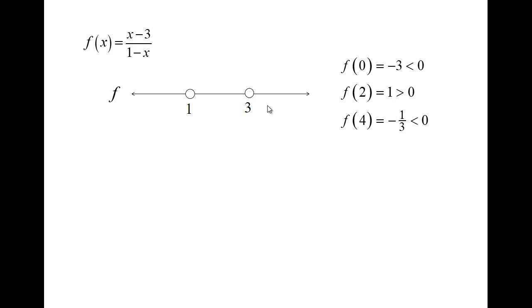And f of 4 would be 4 minus 3 over 1 minus 4, so that's negative. So we find that f is negative on the left of 1, positive between 1 and 3, and after 3 it is negative again.